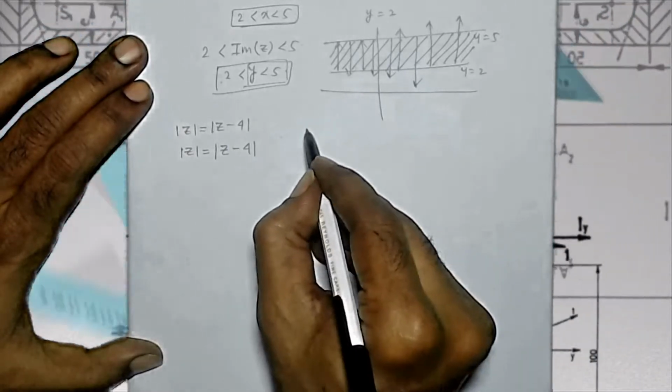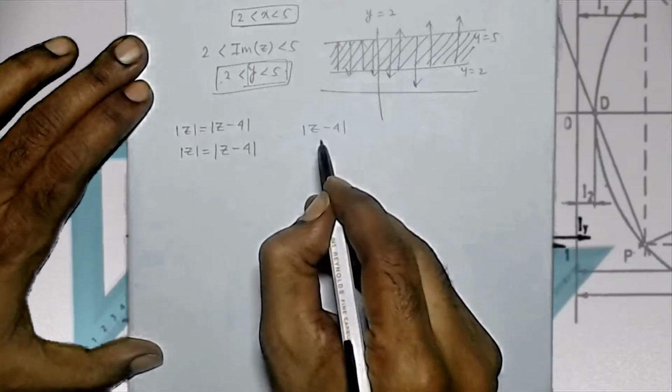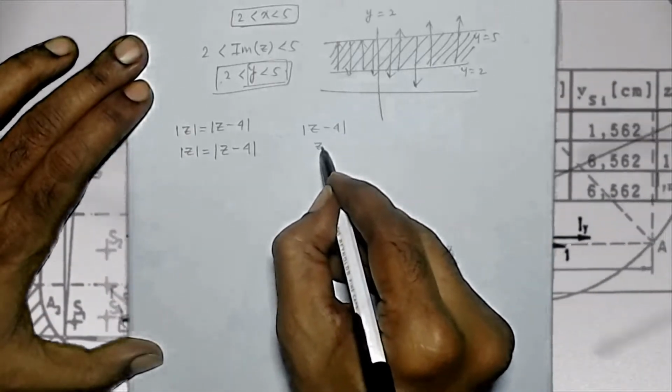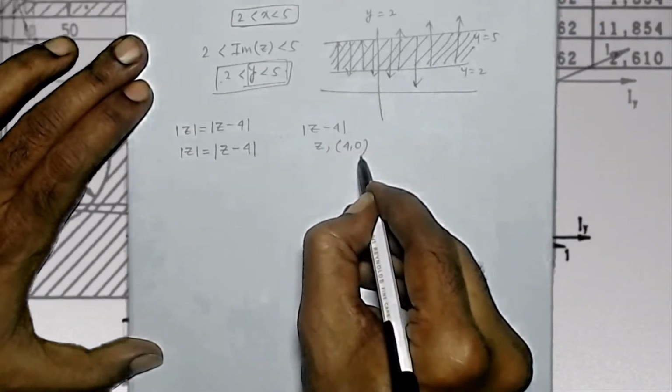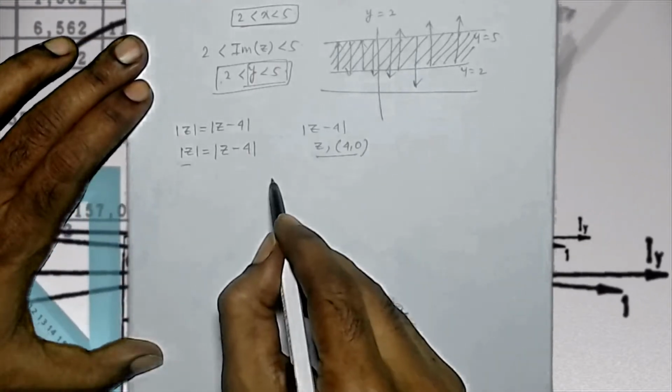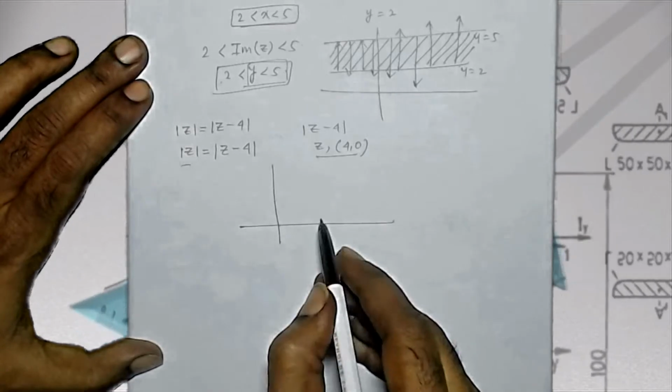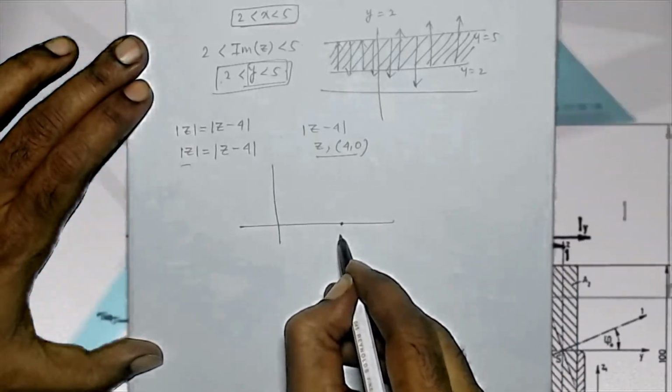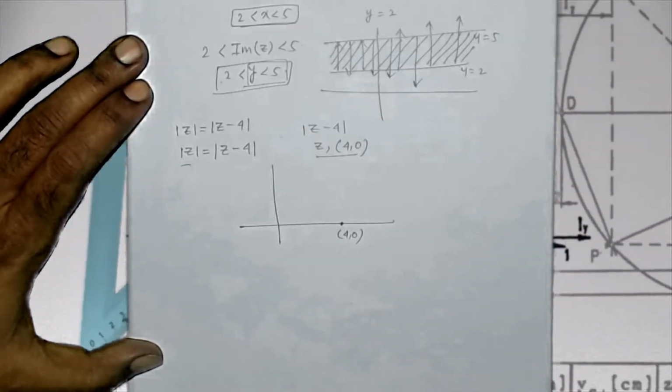Yes or no? Because z minus 4 means what? It is the distance between z and 4, 0. So these two distances are the same. Let me just draw it. 4, 0 is somewhere at this point, let us say. Okay.